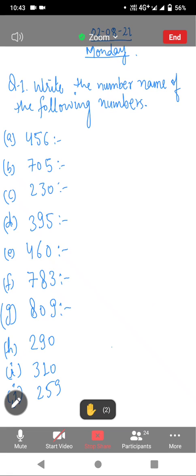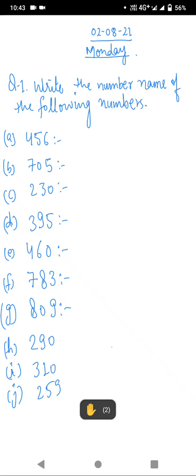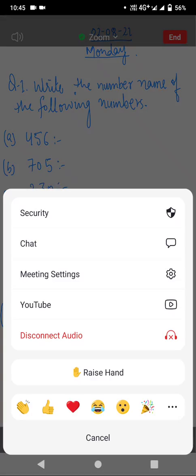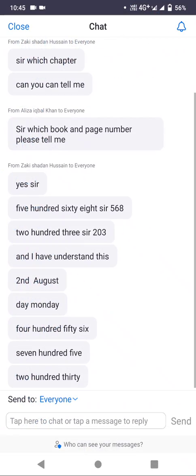No one will write answers in the chat box. Just write in your notebook and share on WhatsApp only. If anyone wants to ask anything, you can write in the chat box if you have any query.